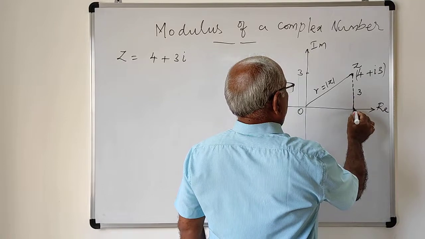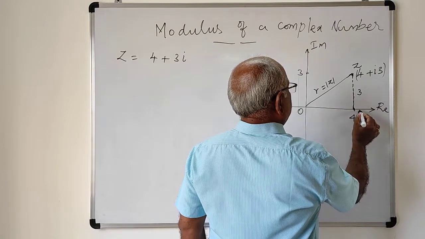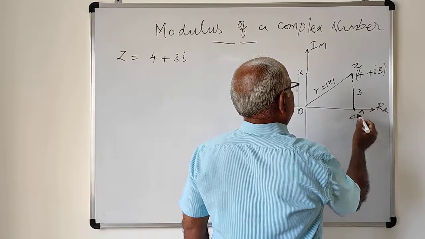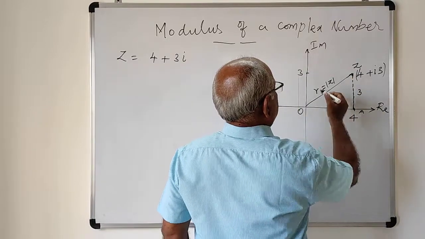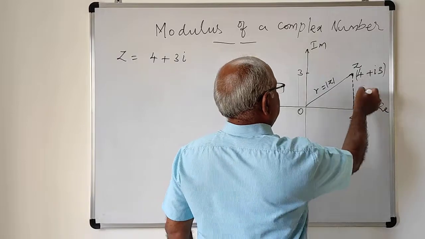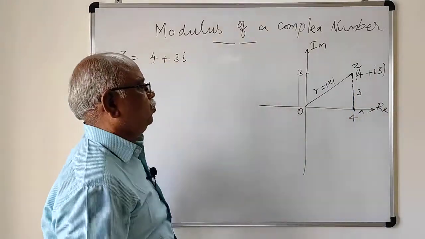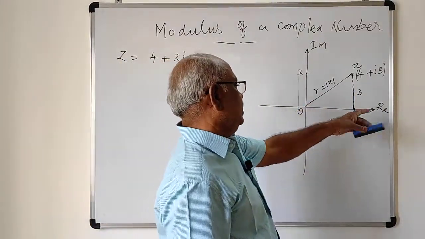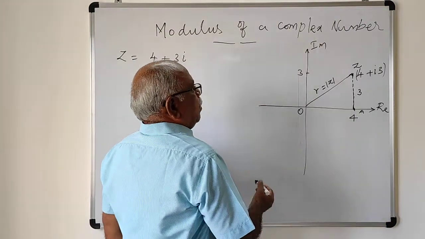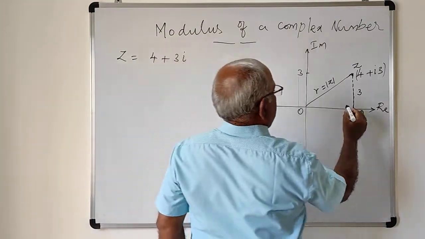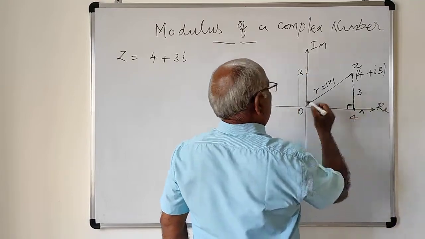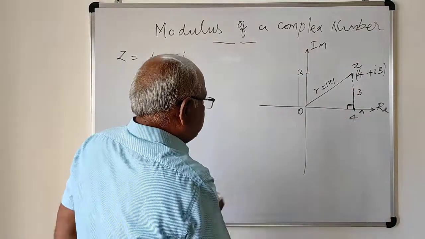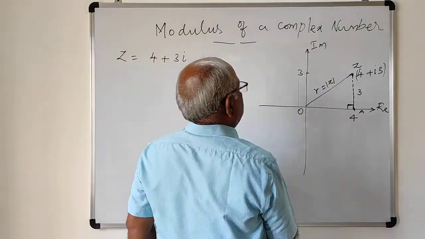For our convenience, I am giving this point the letter A. OA is 4, OZ is the modulus, and AZ is 3. It is a right angle triangle.